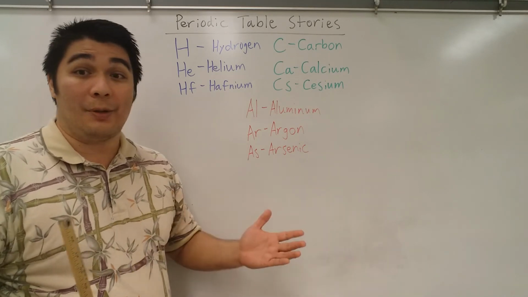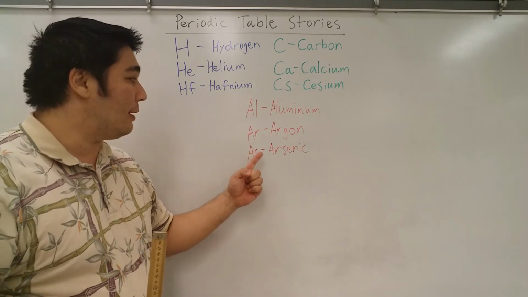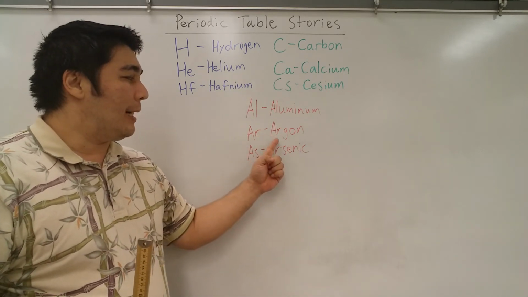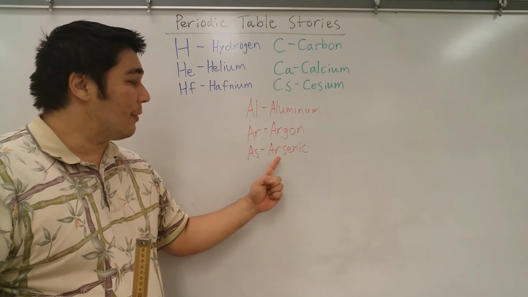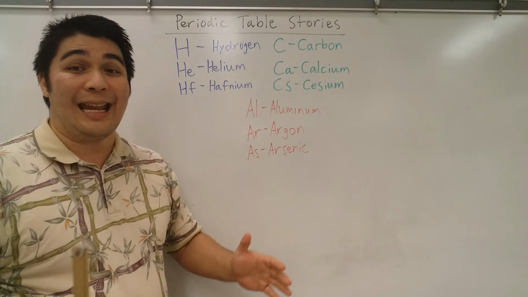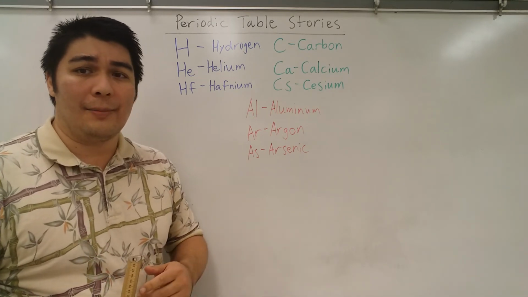Long before we had the periodic table, long before we had anything resembling chemistry, people knew about these two materials. Possibly argon would have been found a little bit later, but still, arsenic and aluminum are very ancient names that predate all of modern chemistry.